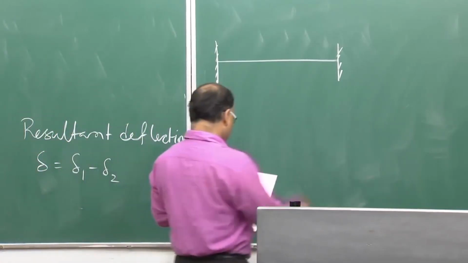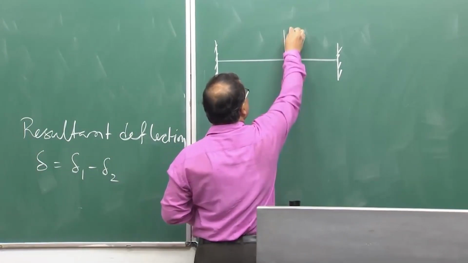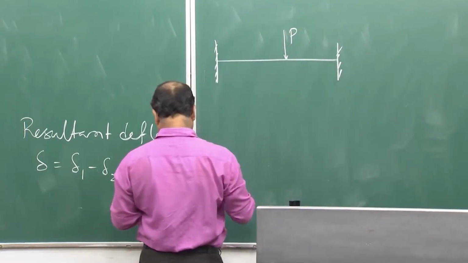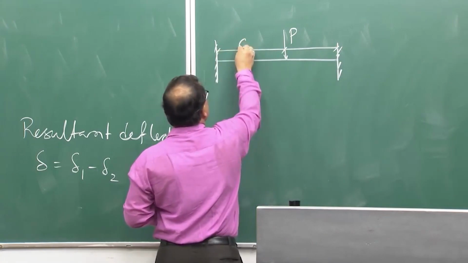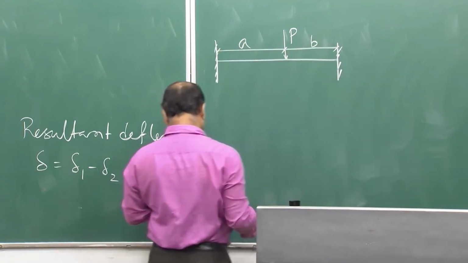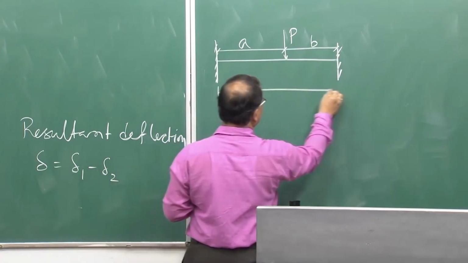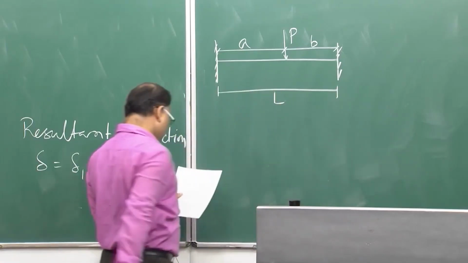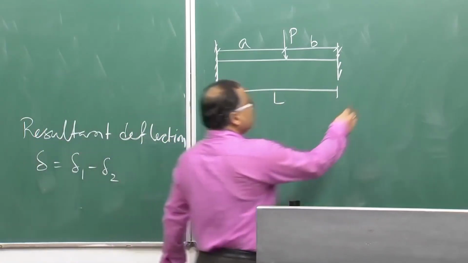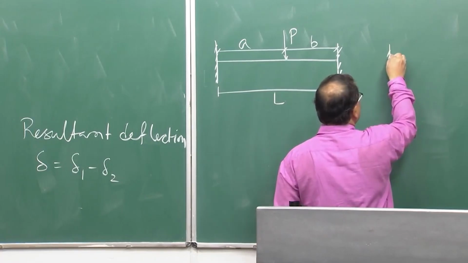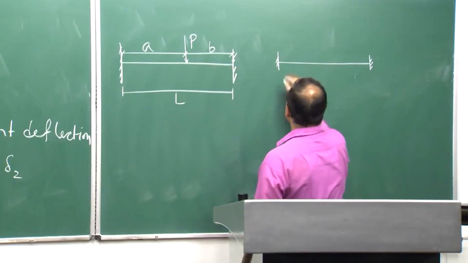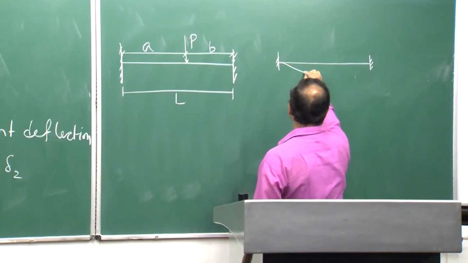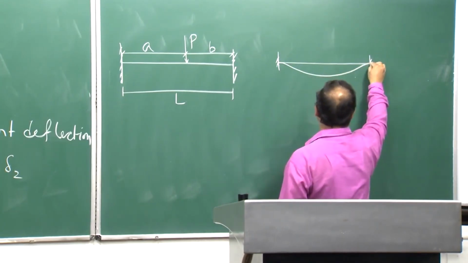Now on this beam I am applying some load P. This is distance A, this is distance B, and the total length of the beam say L. For this system, one thing is known to me: because these are two fixed supports, here your slope will be 0. Do you remember?